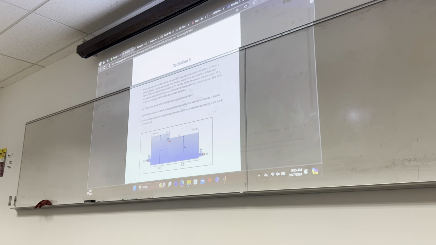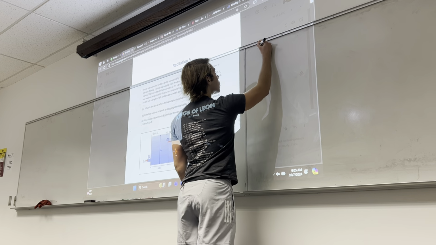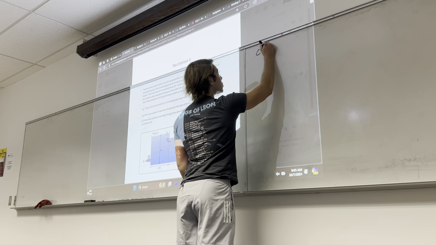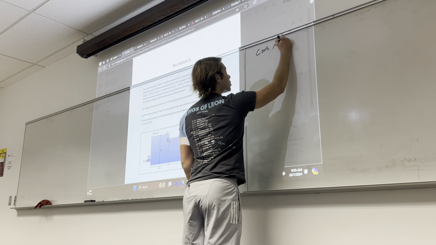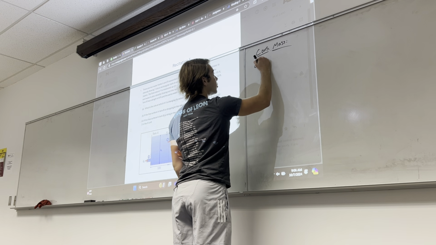All right, so I'll write down the governing equations that we're going to be using pretty much all today. And they are the conservation of mass equation, which I guess you guys learned this morning.